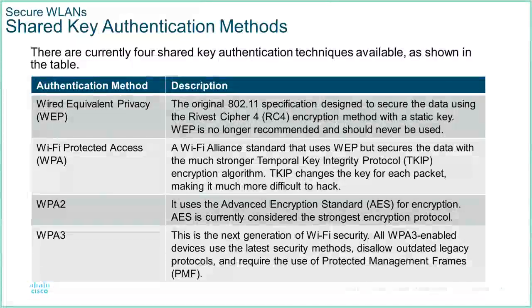And then we now have the new generation coming online, which is WPA3, and requires protected management frames. So it's slightly different in the way it works, and its security will last longer.